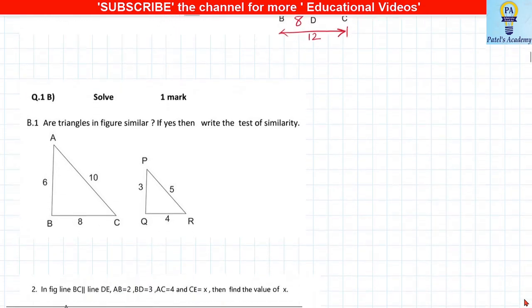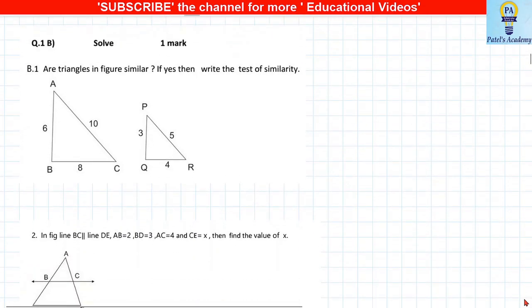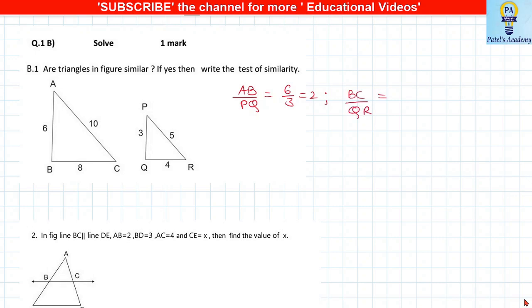Let's start with question number 1B, that is 1 mark each sum. Now they have given the figure and you have to say whether the triangles are similar. If yes, you have to write down the test. So what we see over here is AB upon PQ is 6/3, that is 2. BC upon QR is 8/4, that is also 2, and AC upon PR is 10 upon 5, that is 2.